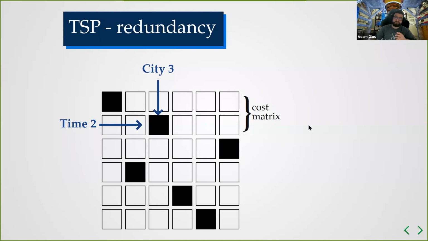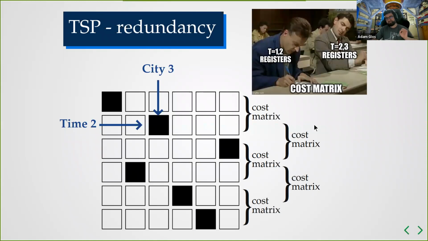What is worse about this fact is that we need to repeat this process for all pairs of consecutive registers. So between time 1 and time 2, time 2 and time 3, time 3 and time 4, time 4 and time 5, time 5 and time 6, and finally, between time 6 and time 1.